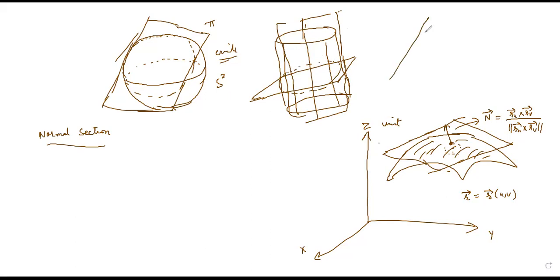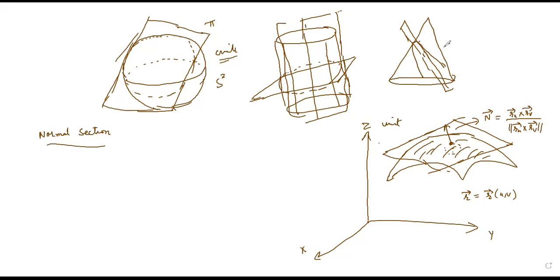Similarly, you know about conic sections. If you take a cone and intersect it with a plane parallel to the generator, you will get a curve that's called a parabola. And of course, if it is not parallel, then there would be two possibilities.